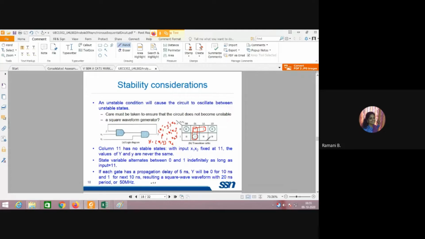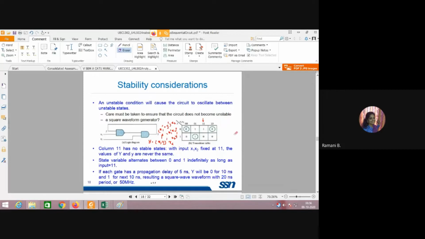So in this particular circuit, if we see the input combination x1, x2 equal to 1, 1, you don't have any stable state at all in that particular column. For input 0, 0, you have a stable state 0. For 0, 1, you have 1. And for 1, 0, you have 0 as the stable state.